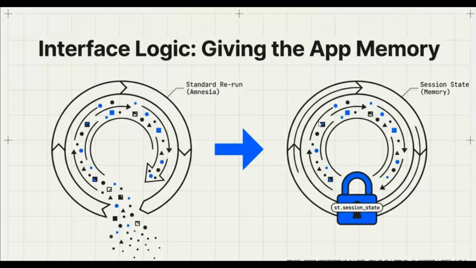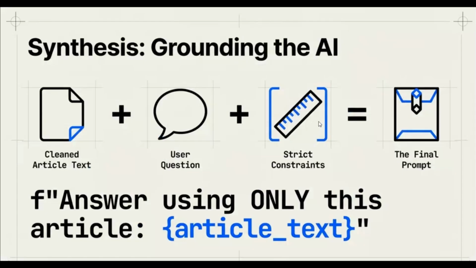So we are going to be giving the UI memory by using something in Streamlit called session state. Session state will make sure that each time the project is run, it's going to remember all the URLs that we put in until the Streamlit is cancelled.